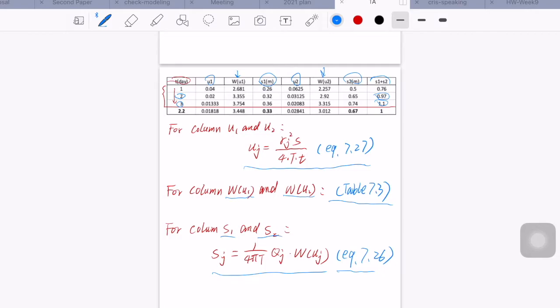After using a linear interpolation, we can determine that when T equals 2.2 days, the drawdown in the observation well is 1 meter. And then we can use these equations and the table to determine S1 and S2. So now we can get a conclusion.